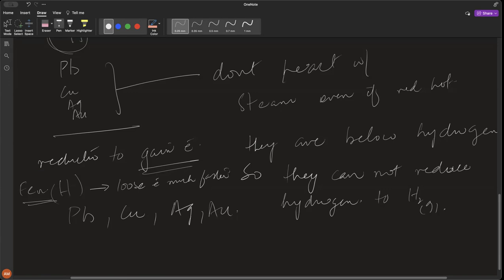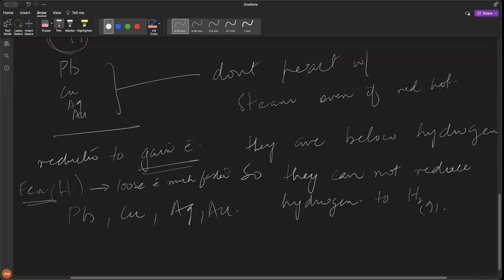We will study this when we go into discussing displacement reaction. If two metals are present in a solution, one of them is more reactive, what does it do? It forcefully gives its electron to the other metal.